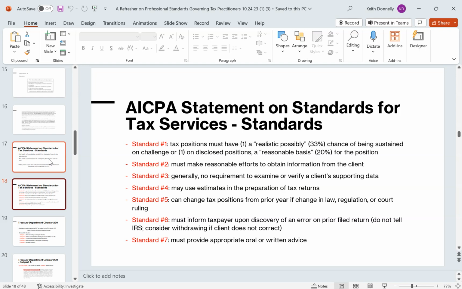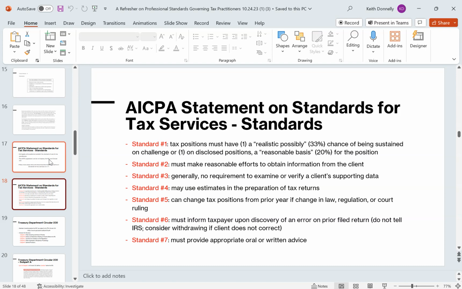Right, so this isn't that high of a threshold if you think about it, 33% chance. If you were getting brain surgery and they said, oh, it's a 1 in 3 chance that we believe this is going to work, if we do an operation on your brain, you wouldn't really feel that confident about that, but that's the standard for tax, okay?